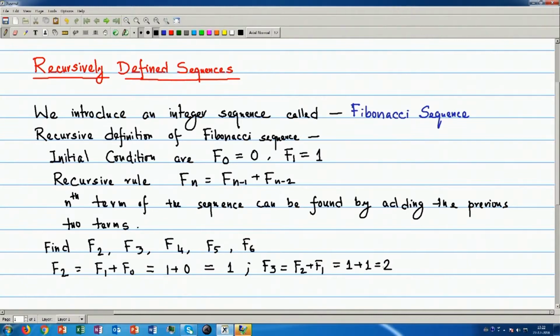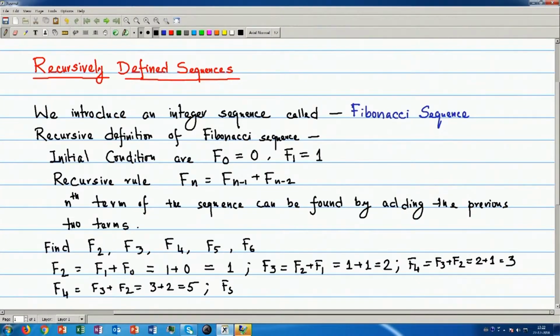So it is 2. Similarly, f4 is f3 plus f2, and f3 is 2, f2 is 1, so this is 3. Then f5 is f4 plus f3, that is 3 plus 2 is 5.